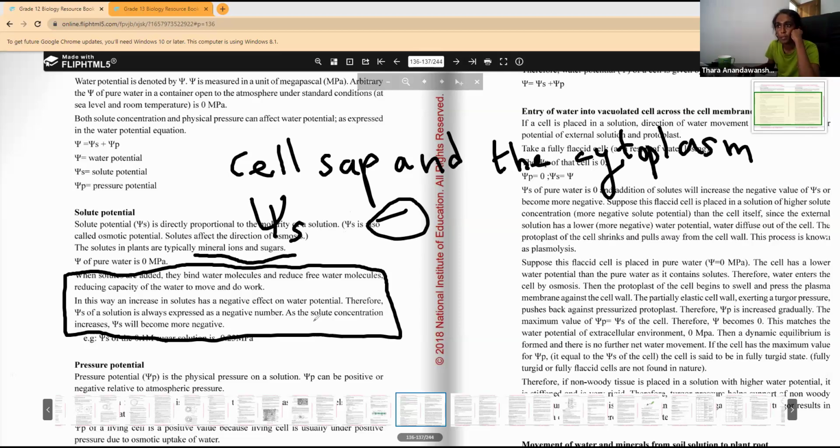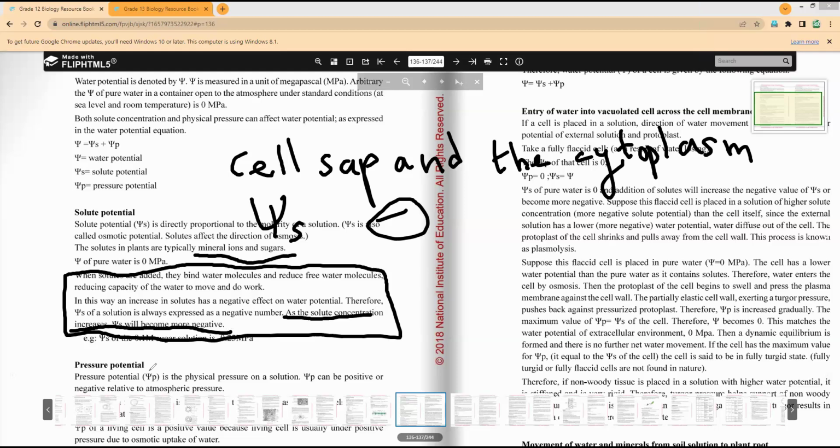Next sentence: as the solute concentration increases, psi s becomes more negative. Okay? Okay, teacher.